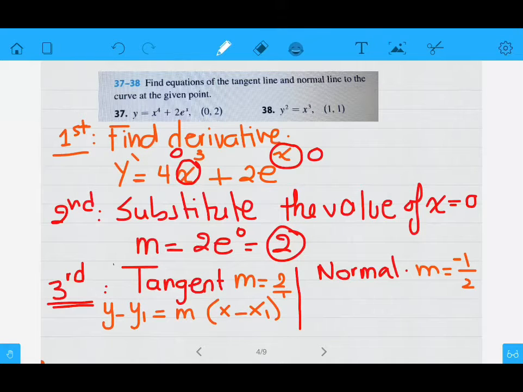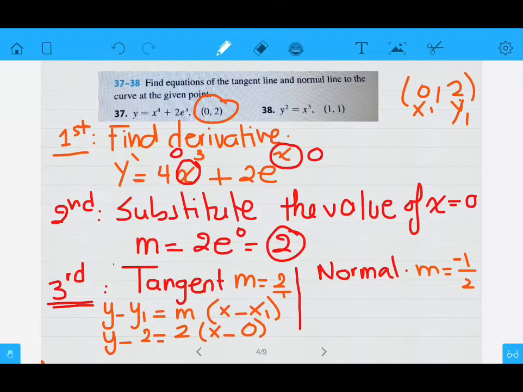Okay, now we have y minus, here we have this one (0, 2), this is x1, this is y1, so y minus 2 equal 2 bracket x minus 0. Then we will simplify it. We distribute this one inside, we have 2x, and here 0 will go. Then we have y equal 2x plus 2.